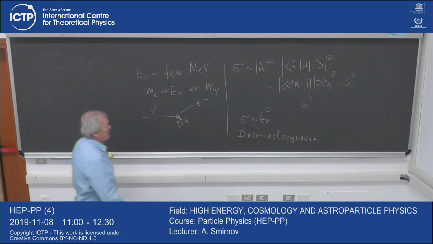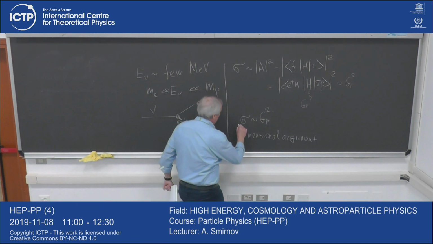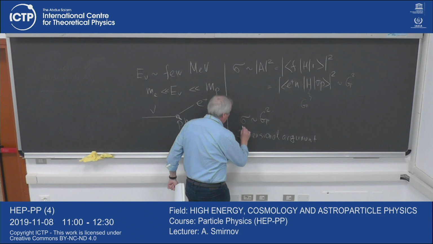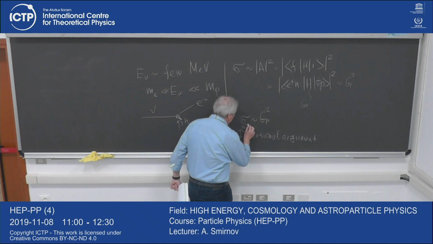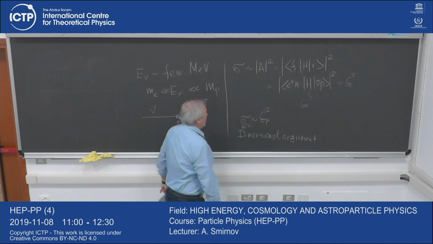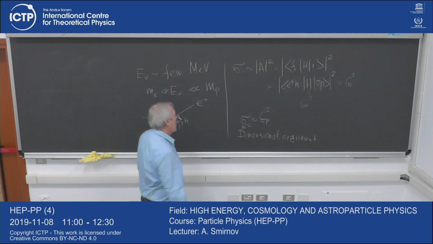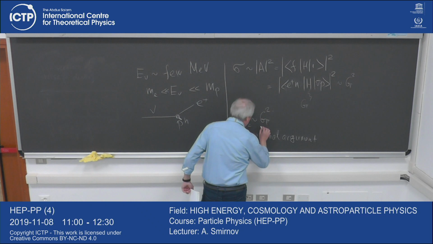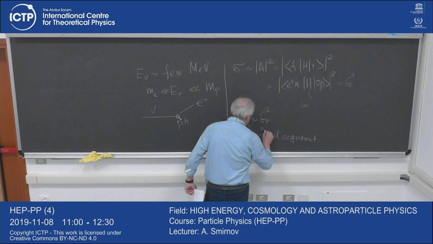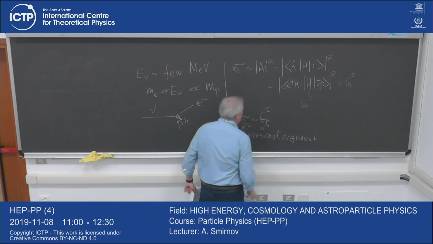So cross-section has dimension centimeter squared, or mass to the minus 2. G Fermi has dimension mass to the minus 2, and squared it is mass to the minus 4.